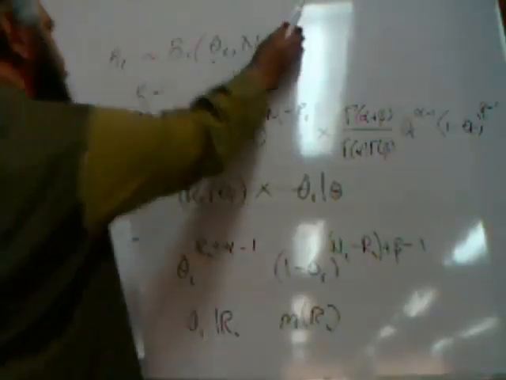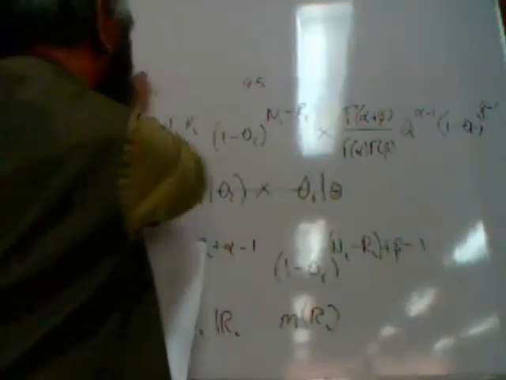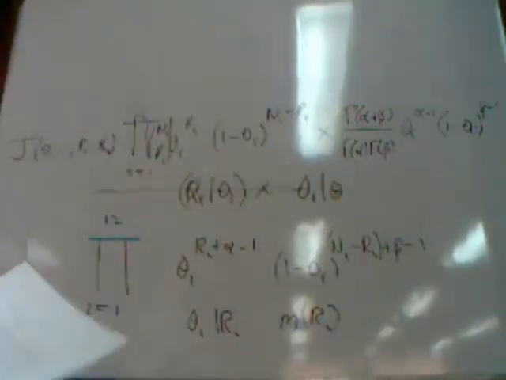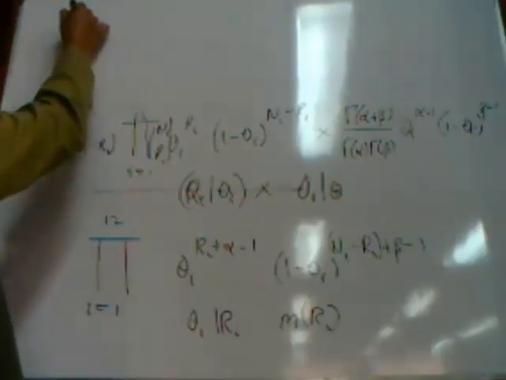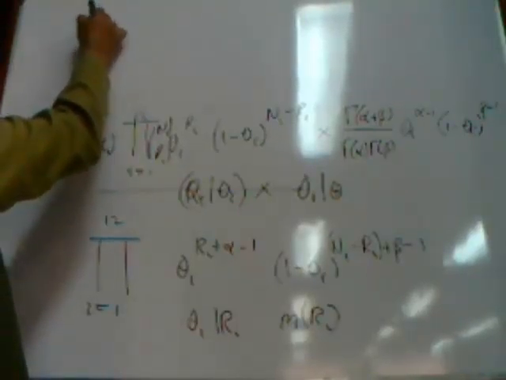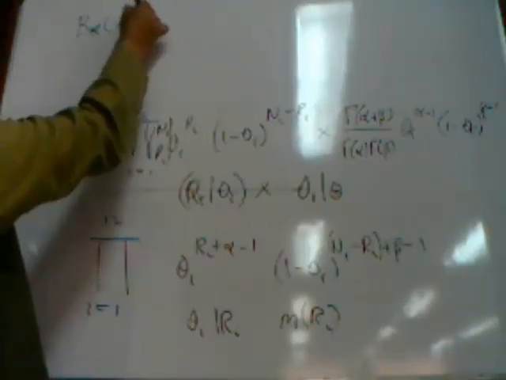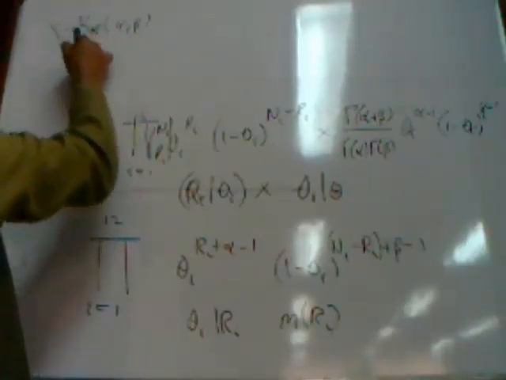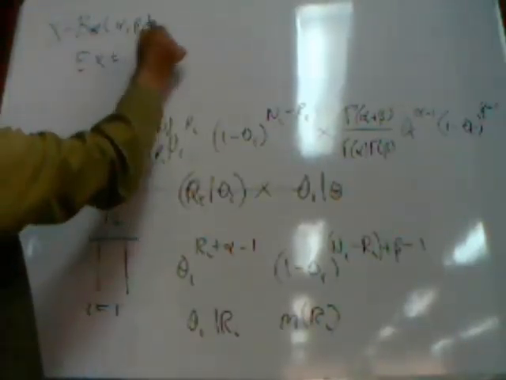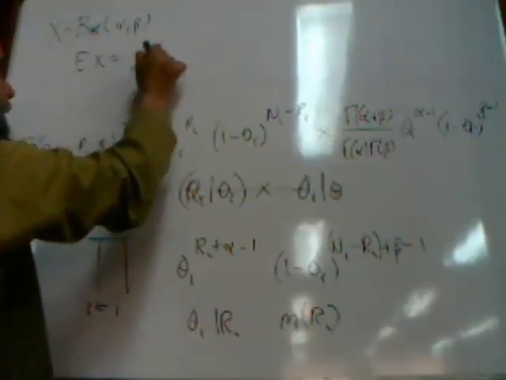Now, in the beta density, the expected value is alpha over alpha plus beta. If you have a beta density with the parameters alpha and beta, then the expected value of x is alpha over alpha plus beta.